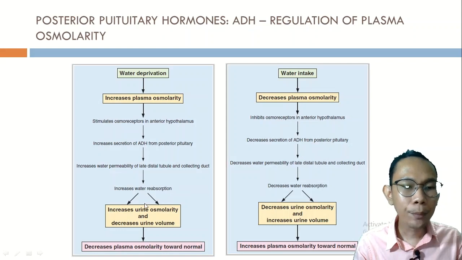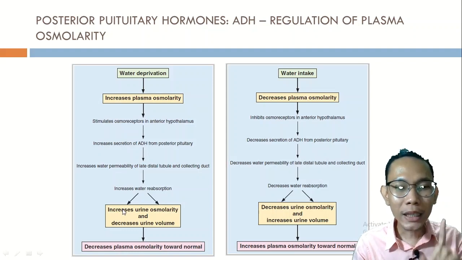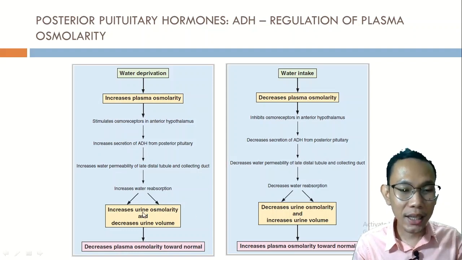Ay, hindi pala nagiging malabnaw, nagiging mas maalat or mas increase ang osmolarity ng ating ihi and lumiliit ang urine volume. So as an effect, there will be decreased plasma osmolarity towards normal.